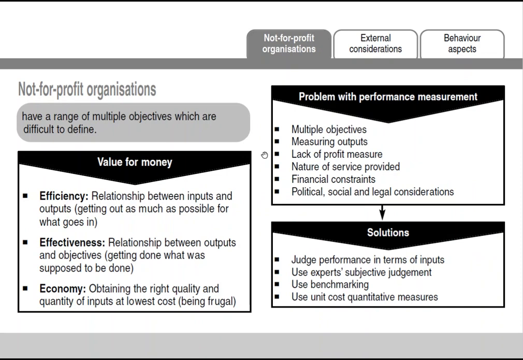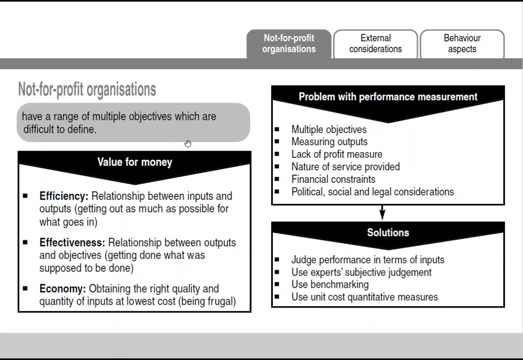That means that those ratios that we have for profit organizations are of limited use to a non-profit organization. Non-profit organizations look at other measures as well, non-financial performance measures, but they have one thing that almost every non-profit organization looks at, which is value for money, or VFM.